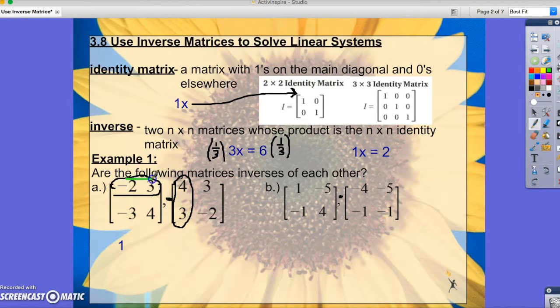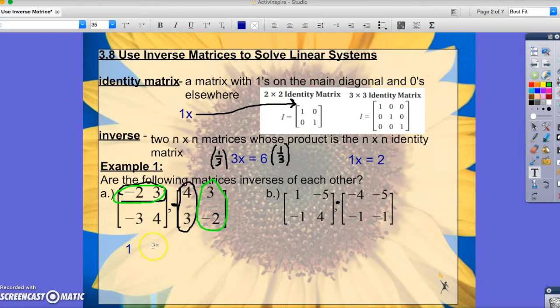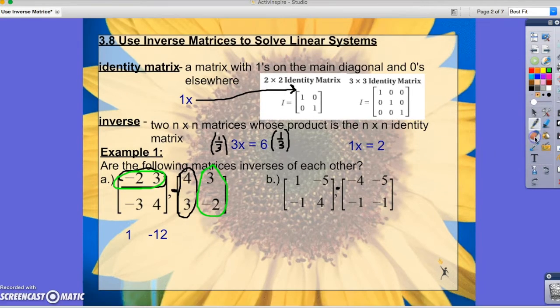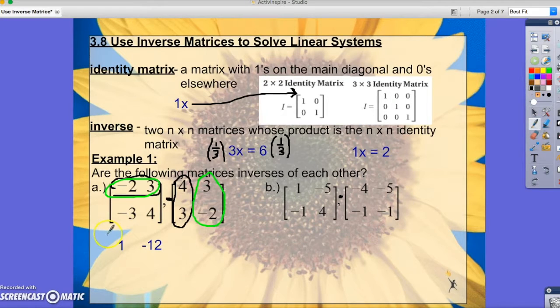So I do the same row, and now I'm going to do this column. So you get what? -6 plus -6. -6 minus 6 is what? -12. Now, if I continue on with my matrix here, so I did the first two spots here, the whole row.